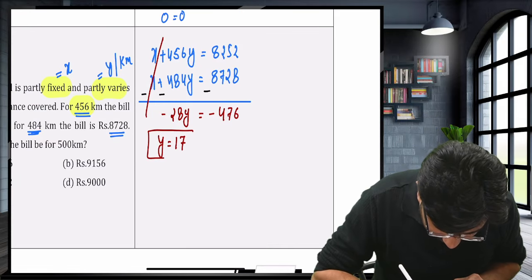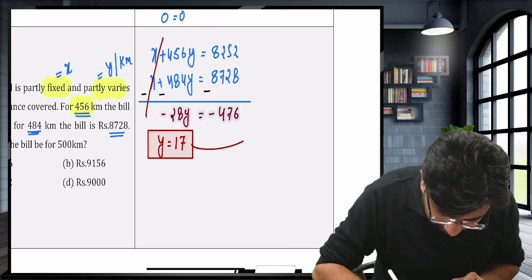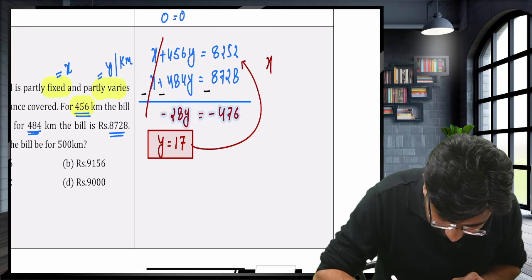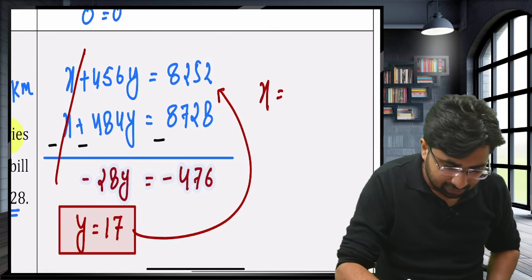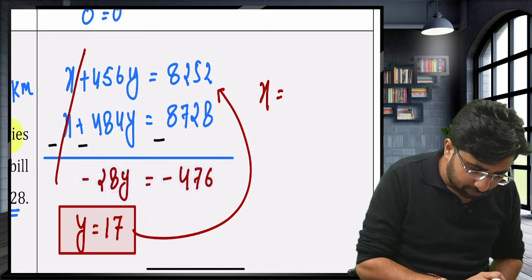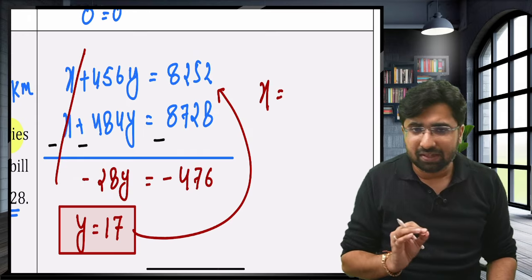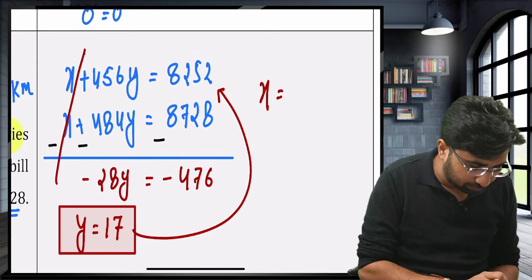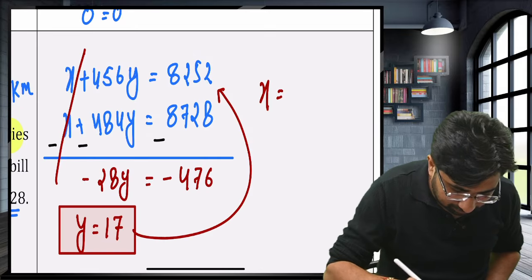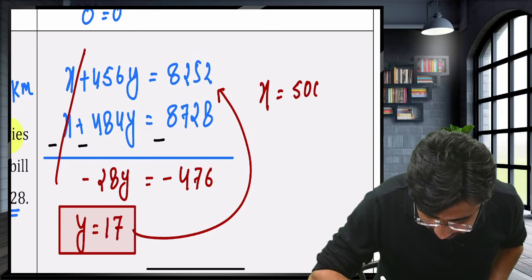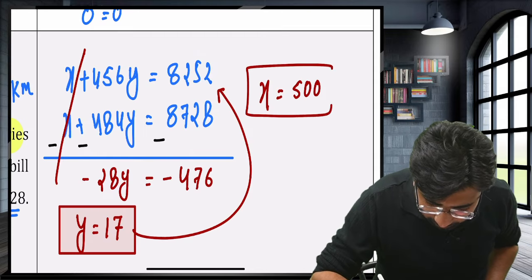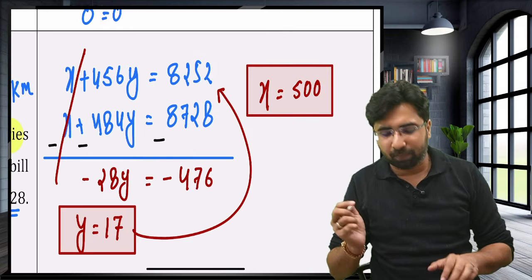Since you have the value of y, put it in any one equation and get the value of x. If you put 17 into 456, 7752 will go there, minus 8252. We are getting the value of x as 500. It means the fixed part is 500 rupees and the variable part is 17 rupees per kilometer.